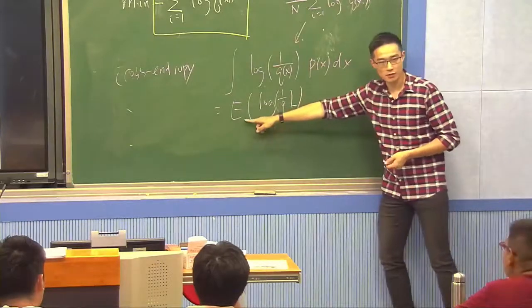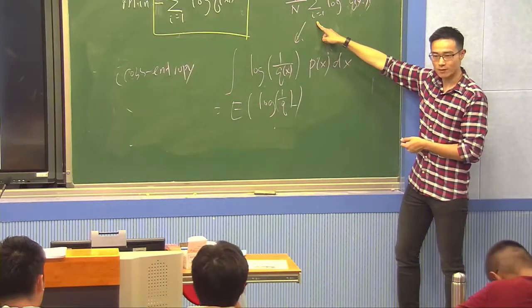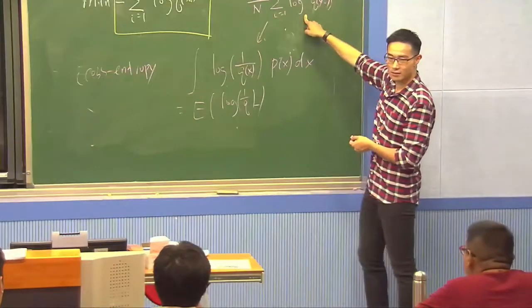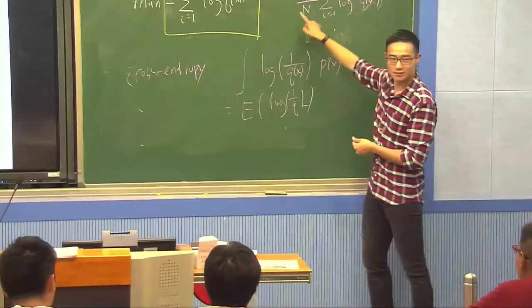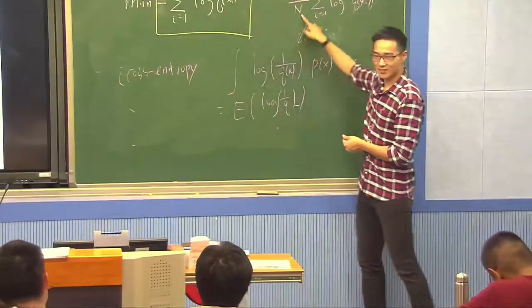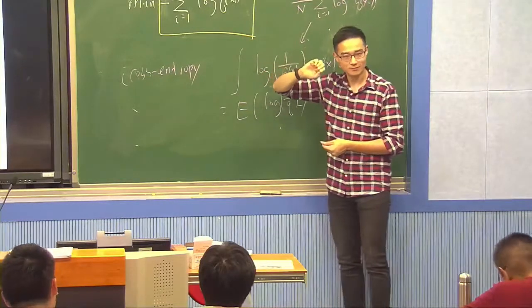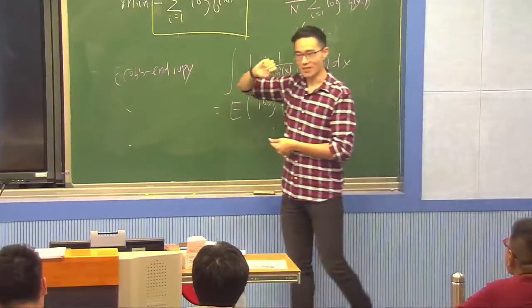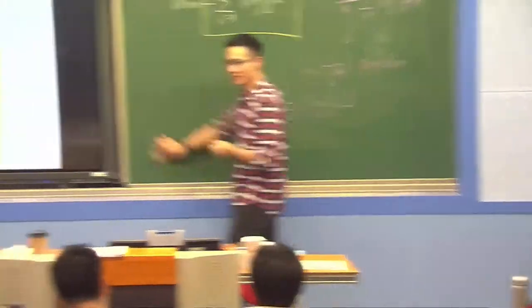I'm just replacing the expectation with the in-sample average. That's the in-sample version. Now, what does this look like to you? They're the same, right? So what is this? This is simply the in-sample cross-entropy. That's what it is.